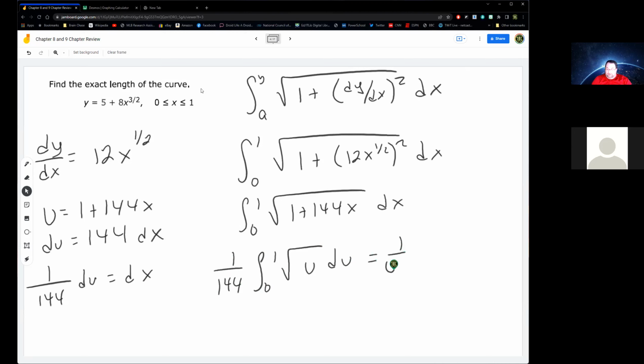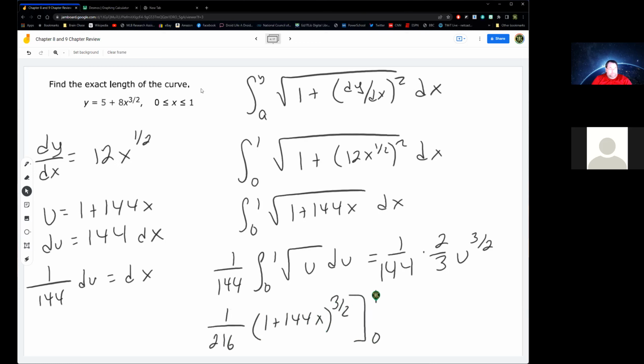So 1/144, bring down the, so it's times 2/3 u to the 3/2. Actually, let me multiply those out. So it's 1/216 times 1 plus 144x to the 3/2, all evaluated from 0 to 1.